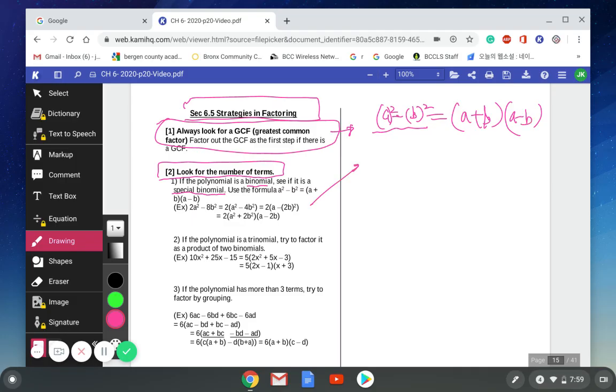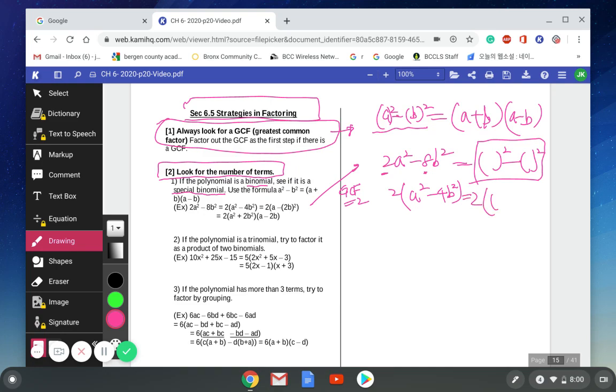So, for example, if you have 2a squared minus 8b squared, you cannot make this a special product, something squared minus something squared, as it is, because nothing squared is 2 and nothing squared is 8, even though a squared and b squared are there. But as you see, 2 and 8 have a GCF of 2. So take a 2 out, then you have a squared minus 4b squared. Now this looks more like the something squared minus something squared format. So this is a squared minus 2b squared.